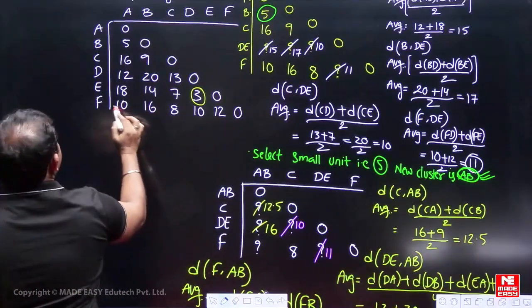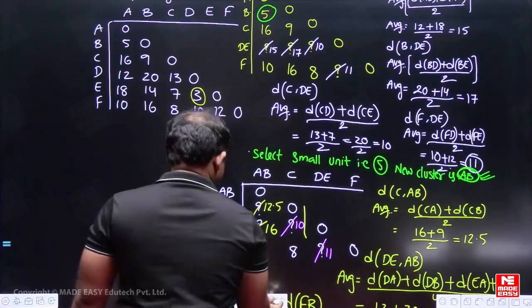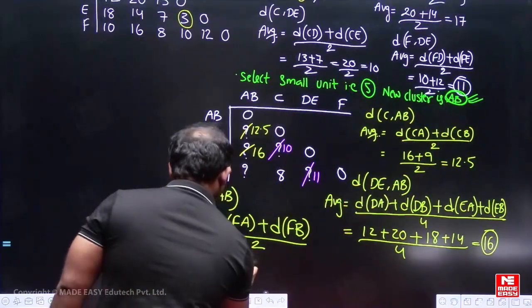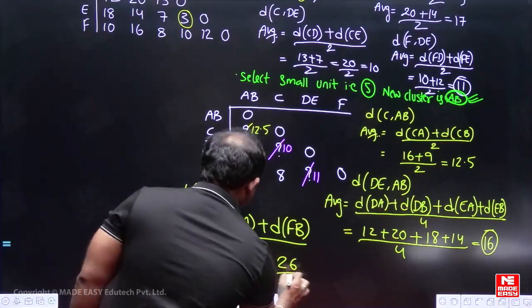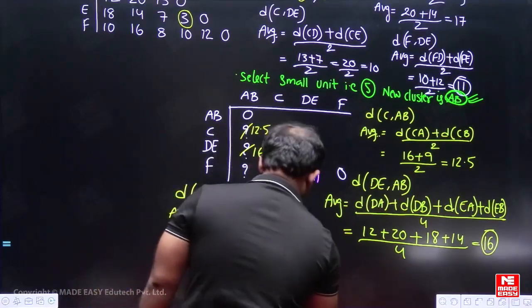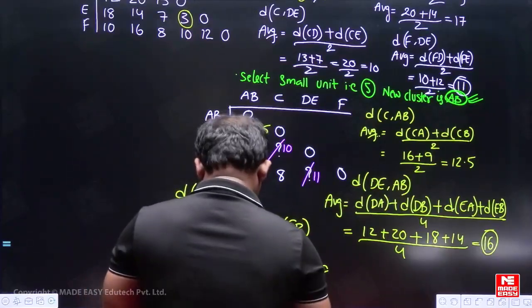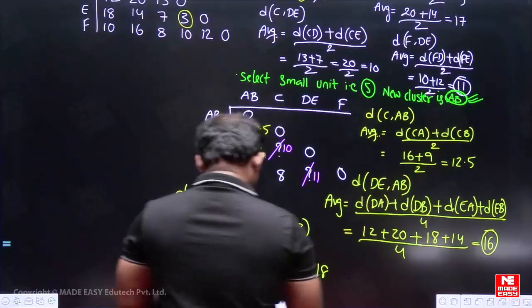FA distance is 10, FB distance is 16. 10 plus 16 divided by 2. This is 26 divided by 2, that is 13.